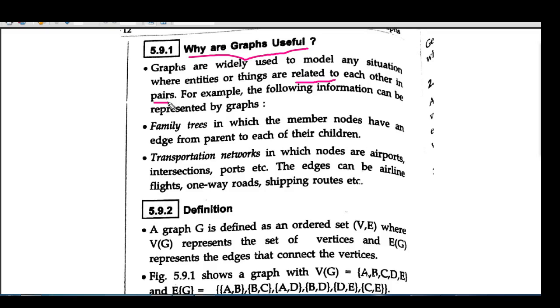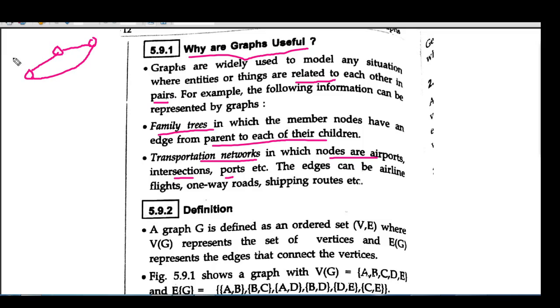For example, the following information can be represented in the form of a graph. Family trees, in which the member nodes have an edge from parent to each of their children, or a transportation network, in which nodes are airports, intersections, ports, etc. The edges can be airline flights, one-way roads, shipping routes, etc. For example, if you want to go from Pune city to Mumbai and from Mumbai to Delhi, and then come back from Delhi directly to Pune, then this type of thing will be formed.